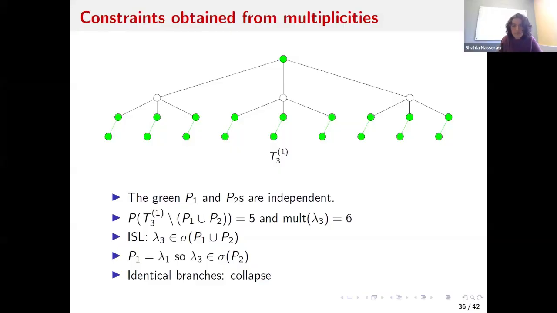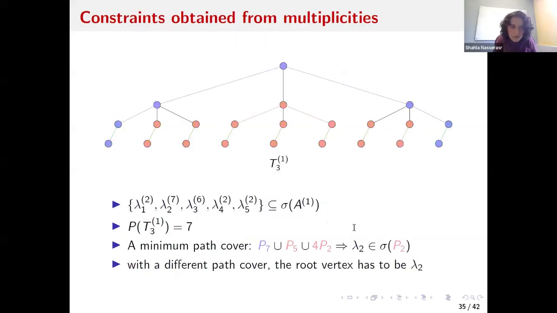So at this point, we use lambda 3 to force those to be identical, basically. So note that lambda 3, if we take away one of these P2s together with that root vertex, then we are left with a tree with path cover 5, and the multiplicity of lambda 3 was 6 in here.